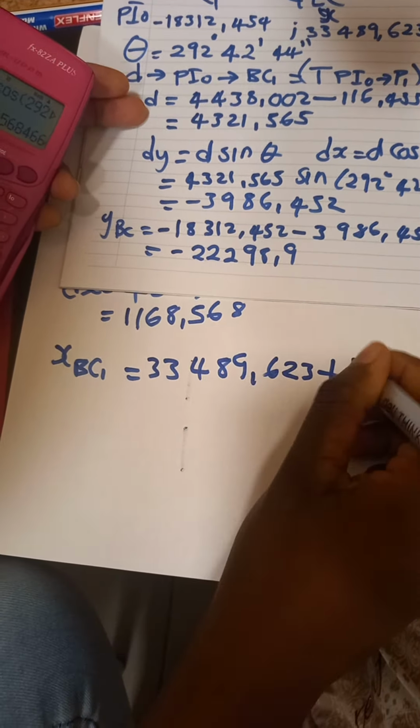We're going to get our new x coordinate as 35158.19. So the coordinates of BC1, we'll write them like this: our y coordinate is negative 22298.9, and our x we got as 35158.19.